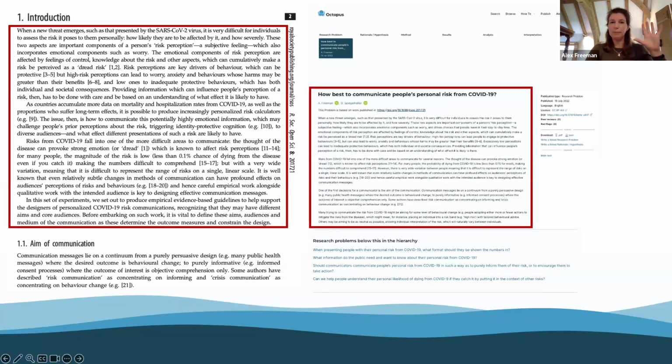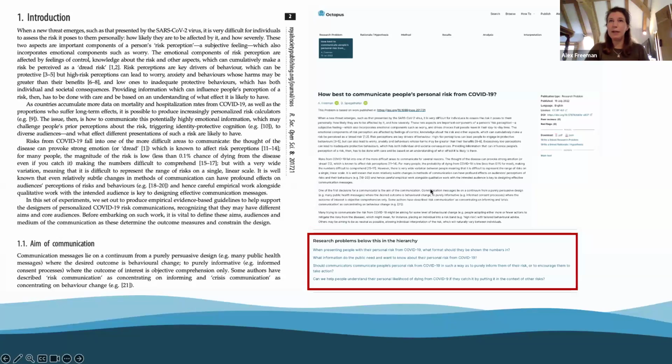So that was one. But then you can see below on the Octopus publication, there are research problems below this in the hierarchy. This is a general problem, but you can break it down into more specific problems. These are publications linked to that original research problem. I do want to get this better visualized on Octopus, so apologies that they don't show up in the top here. We're working on that.